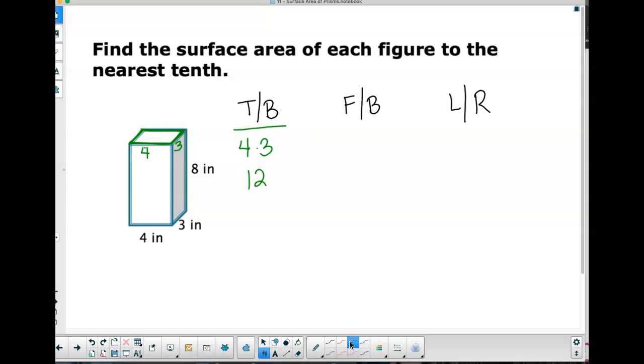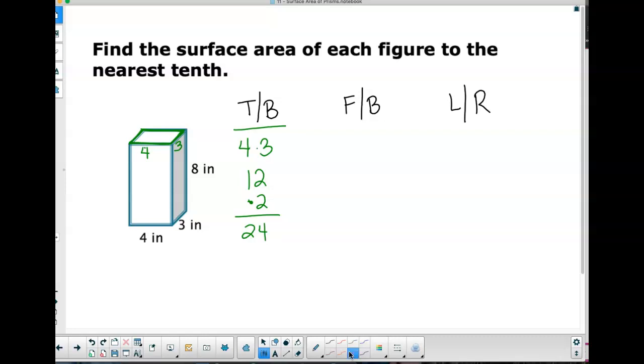Well, that's only the top. If I need the bottom also, what do I have to do with that number? Krista? Times it by 2 because I need the top and the bottom. 12 times 2 is 24. Okay, that's the top and the bottom.